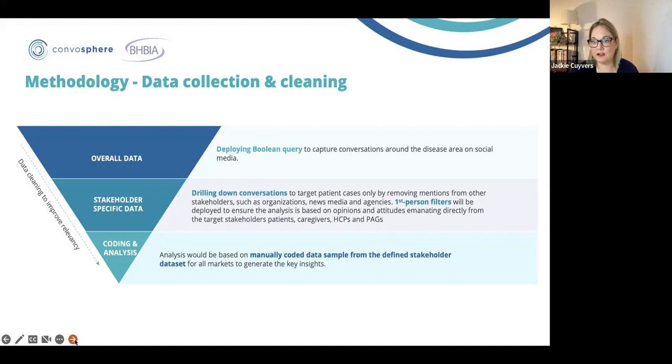So when they're discussing the patient experience that they may be having anywhere along the patient journey. And next, we take a subset of that data, a statistically relevant sample, and we manually code that. So we code that, as Abhinav has already mentioned, looking at who is the stakeholder.